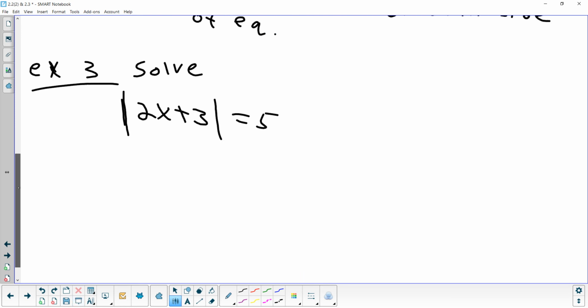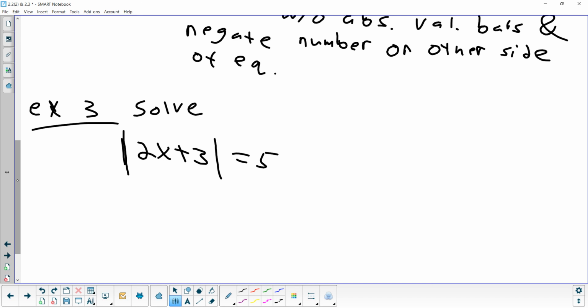And the other thing you should check before you even start the problem is, is 5 a positive number or a negative number? Positive. If you have a negative, you might as well just stop. Because when you take an absolute value, it never comes out to what kind of number? Never negative. That's no solution.